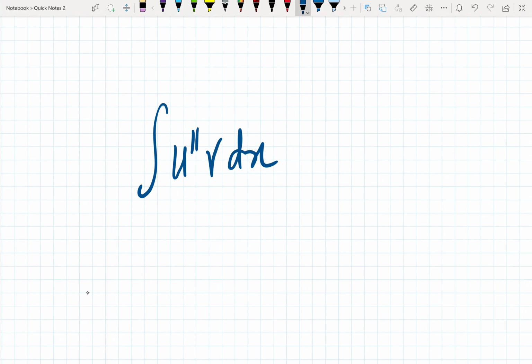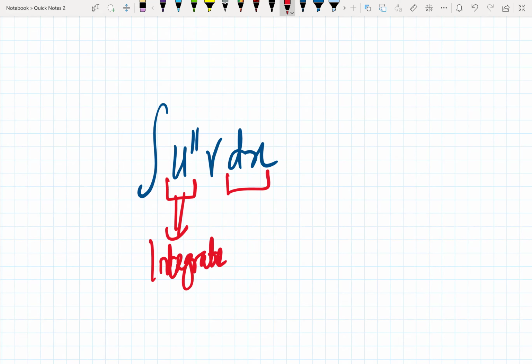Normally we use u and v, but in this case, because this one is a derivative for sure, we can try to integrate it, and on the other hand differentiate v on its own.